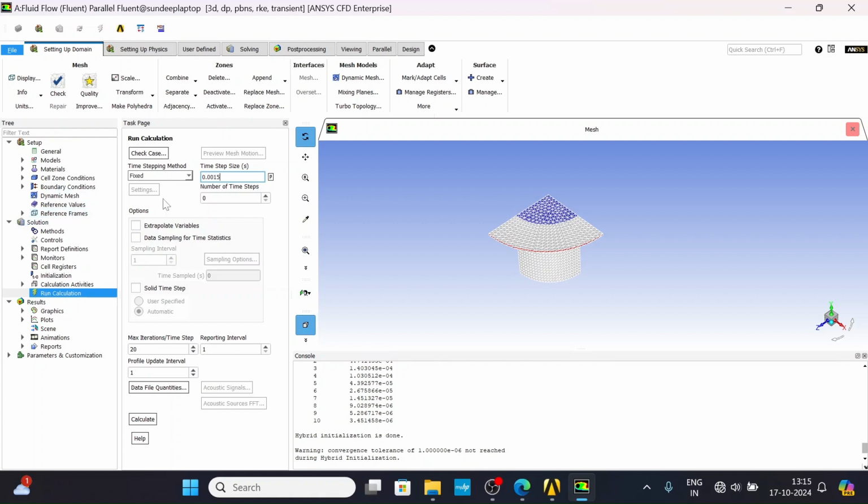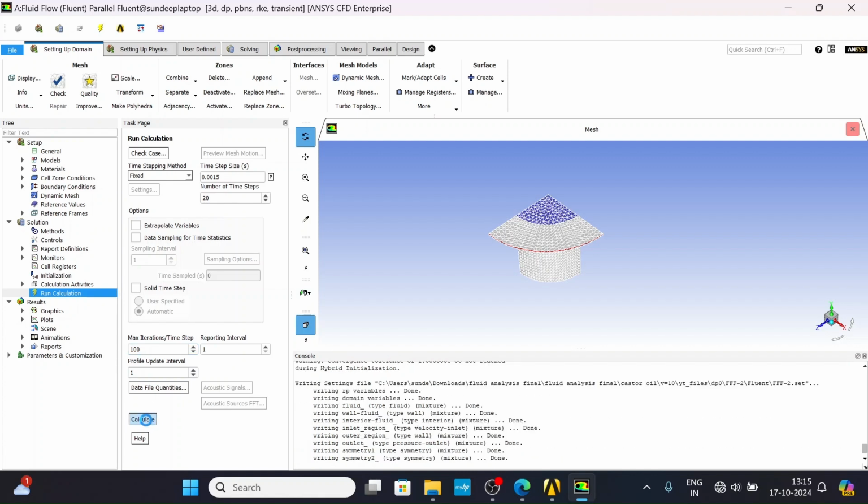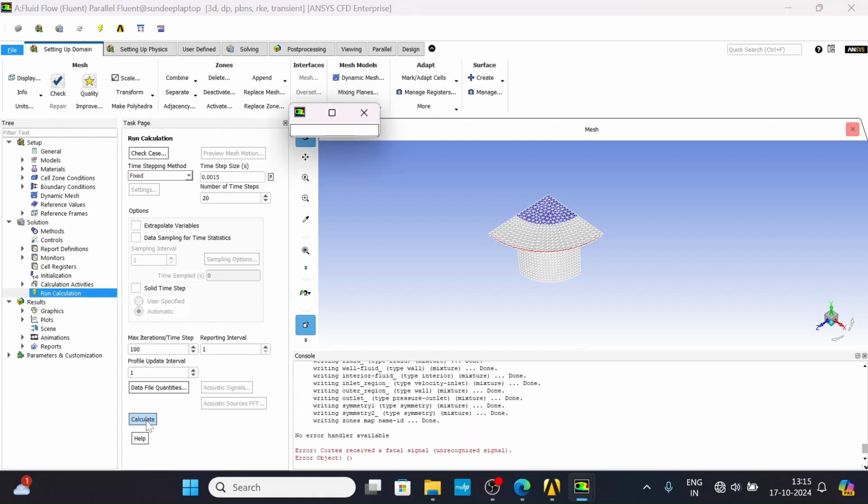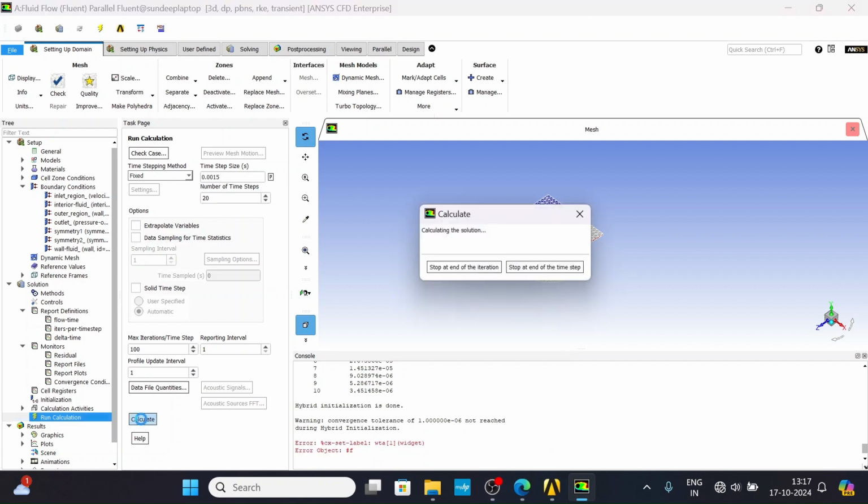Time step size 0.0015, number of time steps 20, 300 iterations, so per time step 100. So for a total of 20 time steps, 2000 iterations. I'll say calculate.